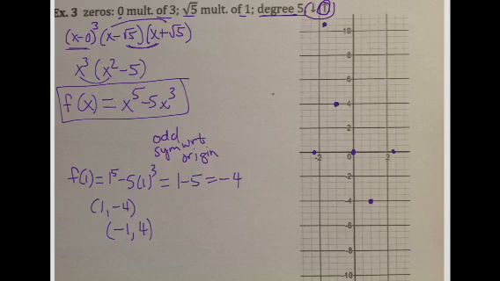And same thing, since it's odd, I know that positive 1.7 and negative 10.4 are also on the graph. So 1.7, negative 10.4, approximately right here.